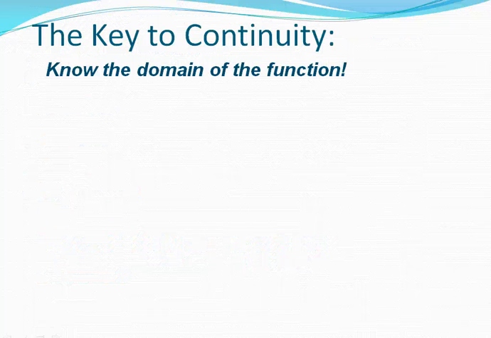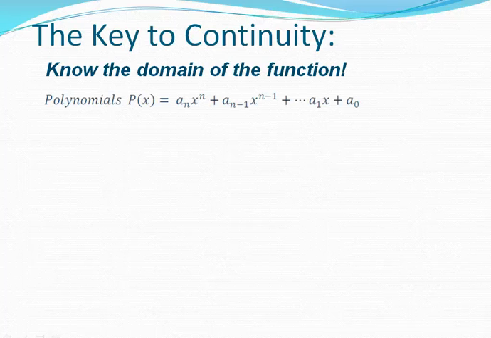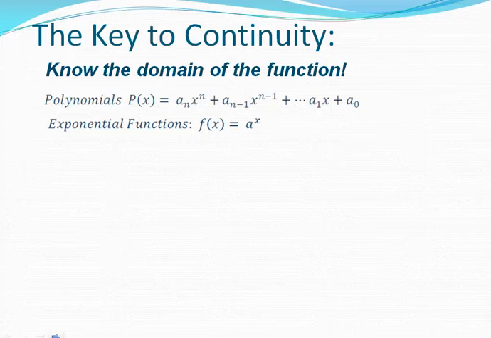The key to continuity is knowing the domain of your function. You've got to look at your functions and understand what you know about them. So when we look at polynomials, we know that polynomials are perfect everywhere. That means that polynomials are continuous from negative infinity to positive infinity. They're continuous everywhere. Exponential functions, also, there's no values of x that we eliminate from our domain.